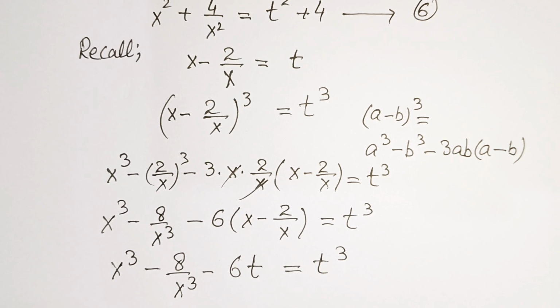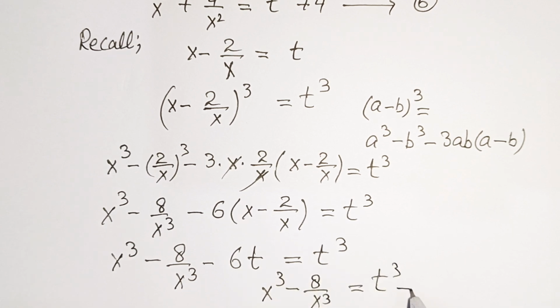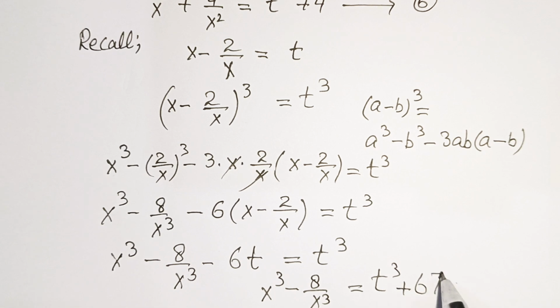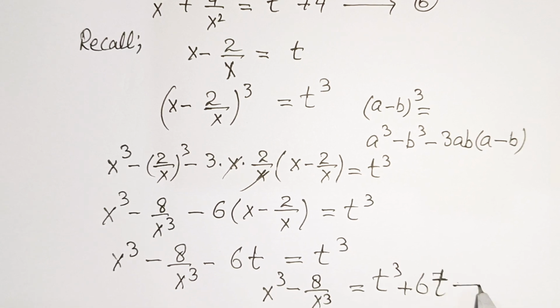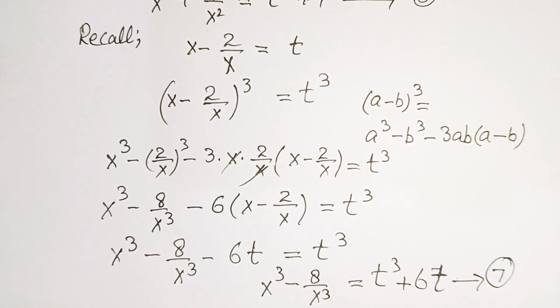Shifting this one, we get x cubed minus 8 over x cubed is equal to t cubed plus 6t. It is our equation number 7.